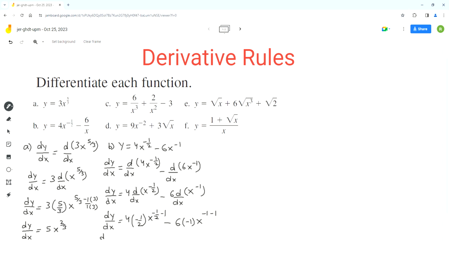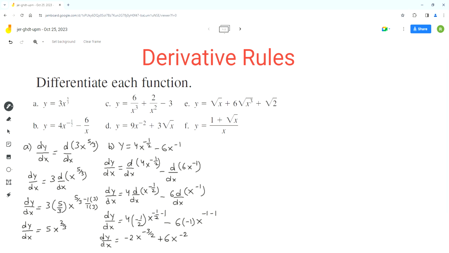So now we can rewrite this as dy over dx equals 4 times negative half is negative 2, x to the power negative 3 over 2, because negative half minus 1 is equal to negative 3 over 2, and then negative 6 times negative 1 is positive 6, x to the power negative 2.